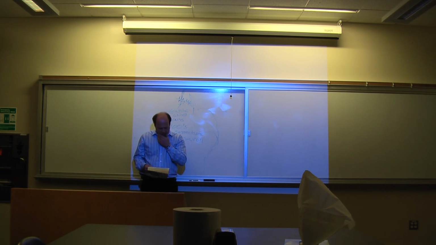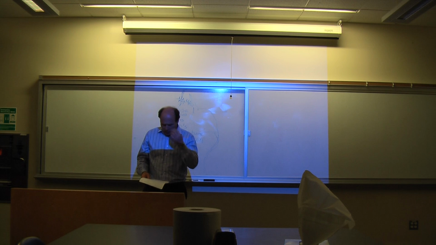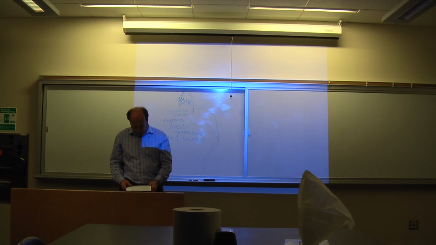There's this term collaterals, which are branched ends of axons that influence other neurons. And their ends are called the terminal bouton. So collaterals are branches at the ends of these axons.